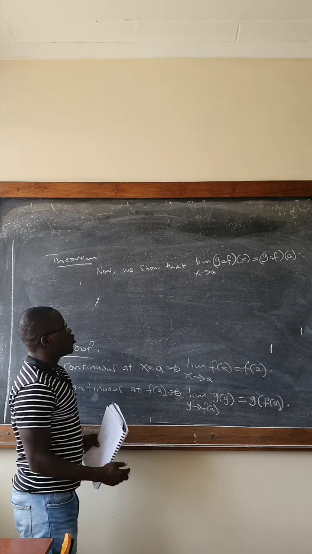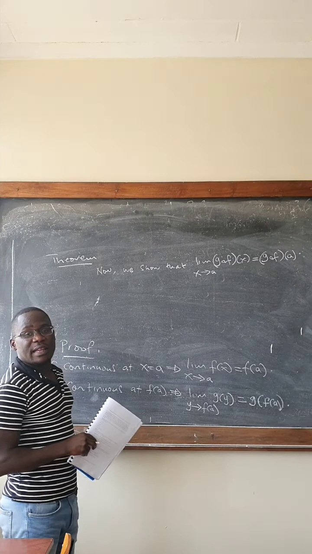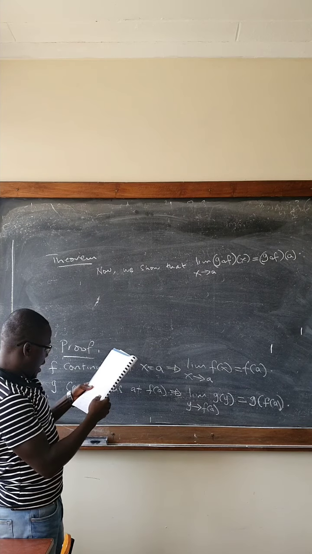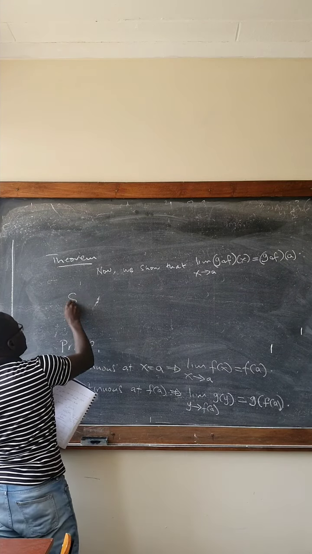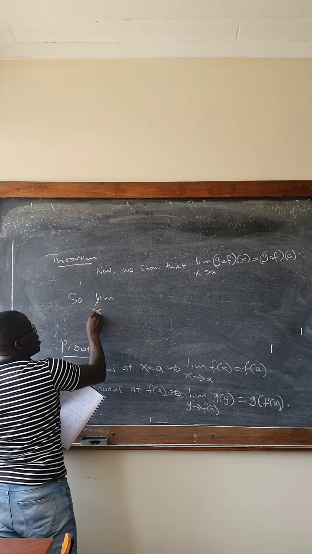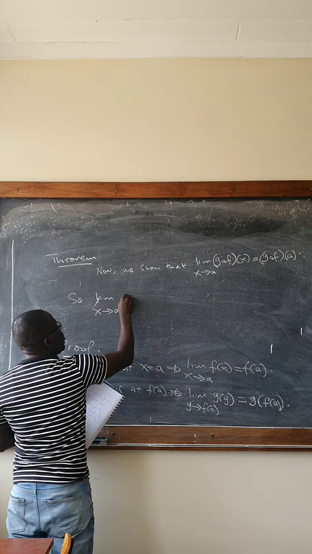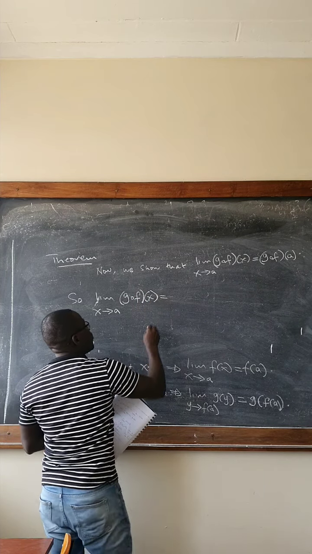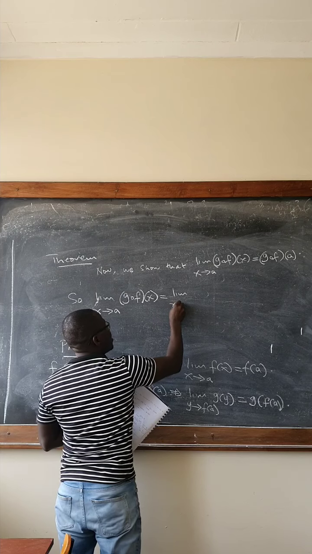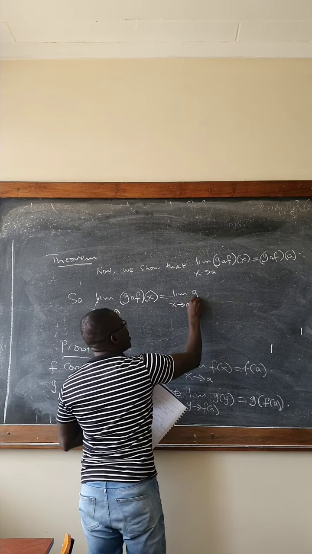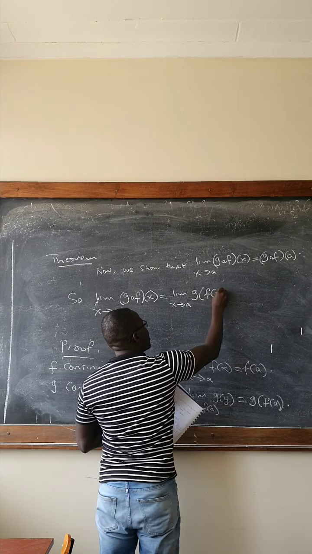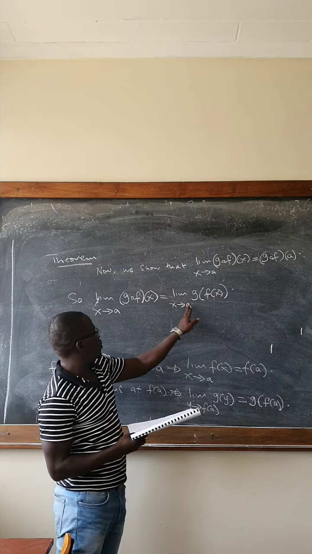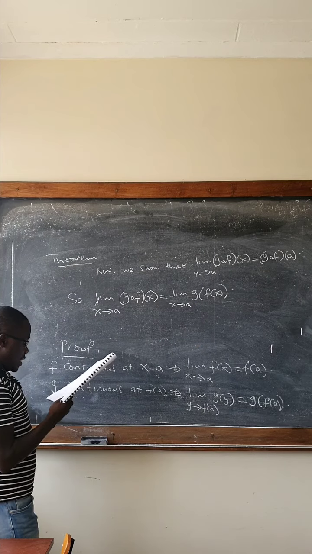That's basically what we have to show, and this will actually show that g naught f is continuous at x is equal to a. So the limit as x tends to a of g naught f of x will be the same as the limit as x tends to a of g brackets f of x, where I have used the definition for composition to write it in that form.